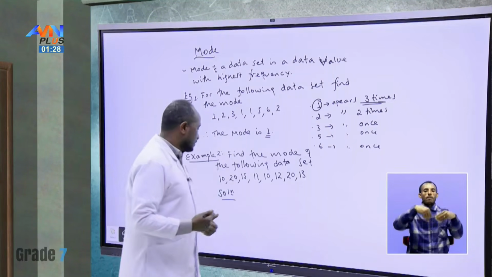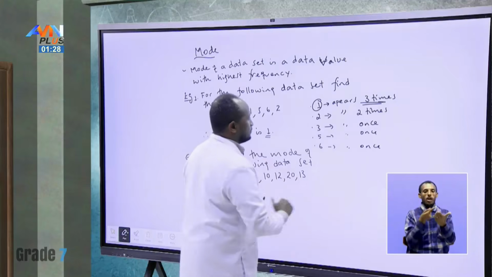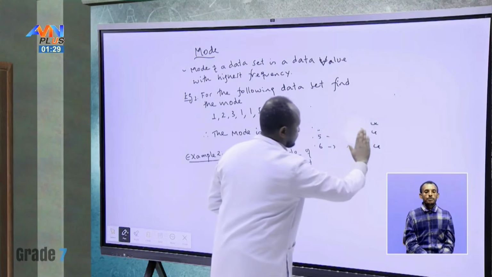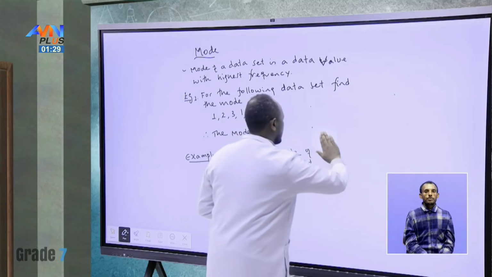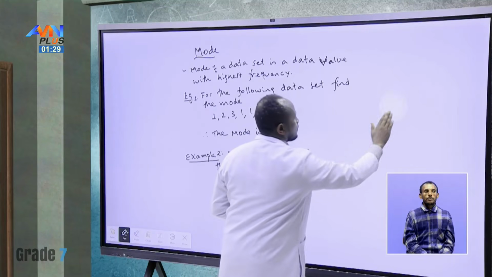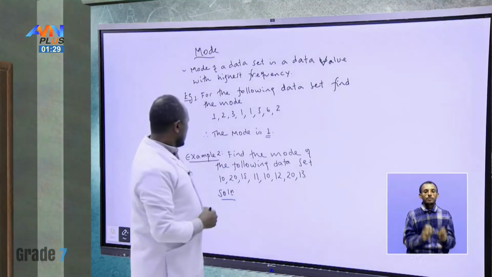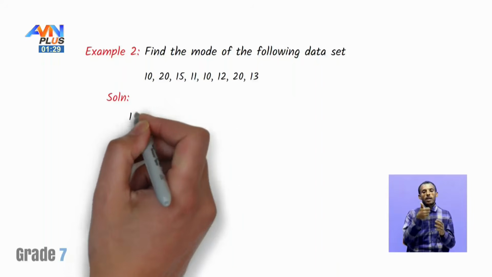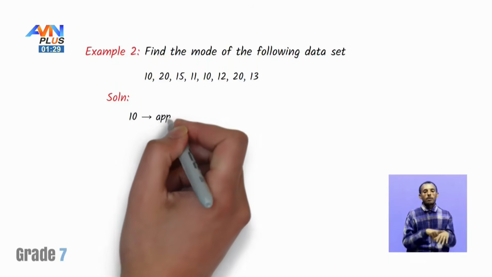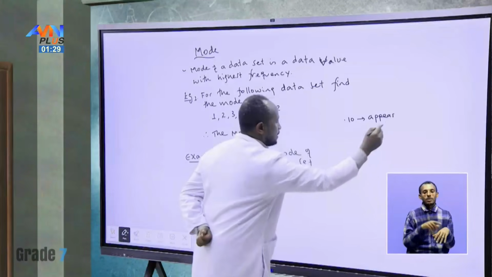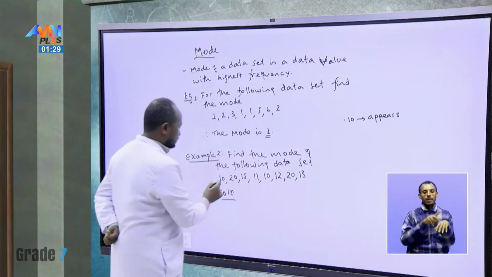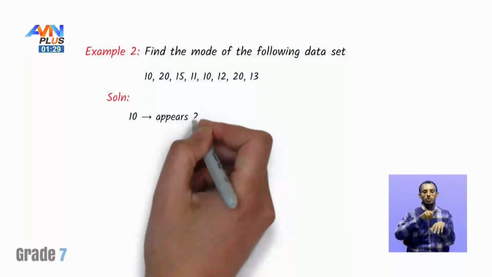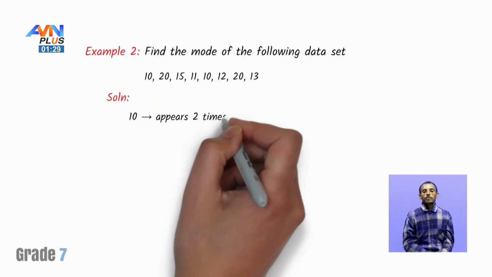Here, let's see 10. 10 appears how many times? Here we have 10, and again we have 10. 10 appears 2 times. Its frequency is 2.